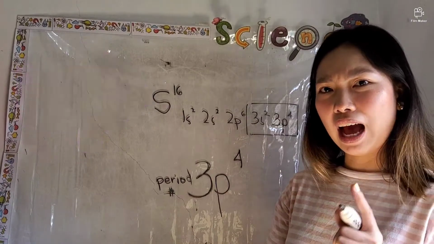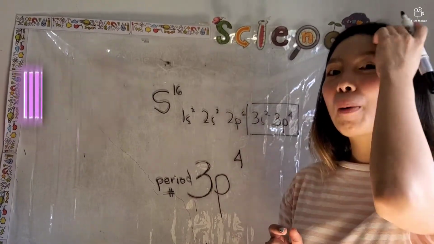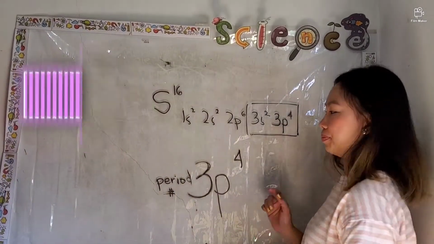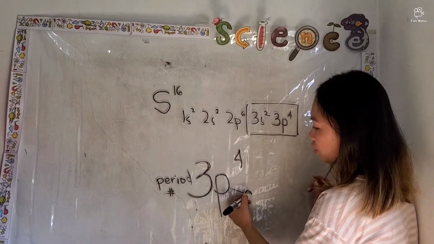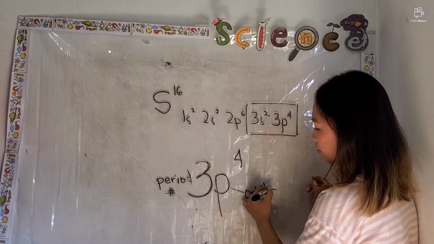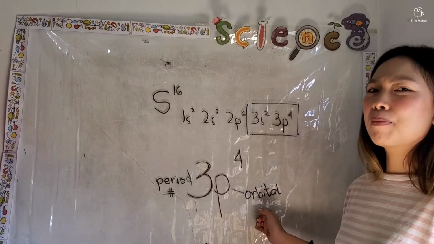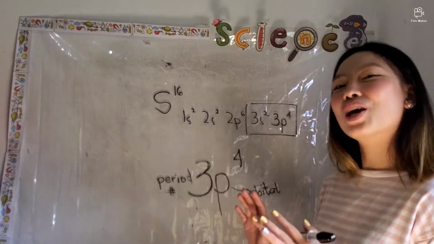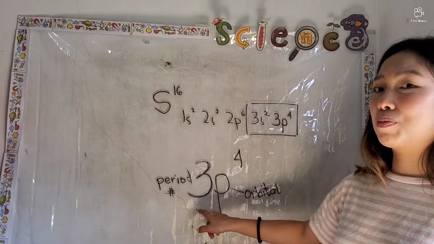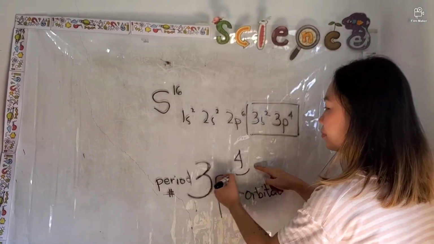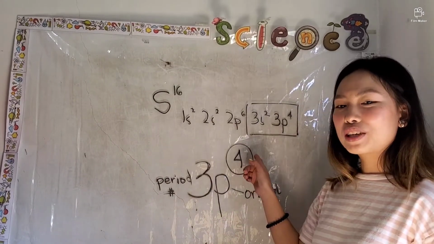Ibig sabihin, nakahanay siya sa ikatlong period. Next. Para saan yung P? So, that is for the orbital. Pero hindi pa natin kino-cover si orbitals of s, p, d, and f. So, pwede ka naman magbase dito sa period number at yung 4 sa taas.